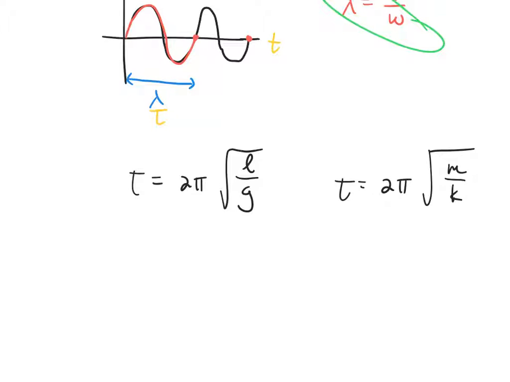Now, K is kind of also a property of the apparatus, but it's the spring, not the mass. So K is the strength of the spring. A stronger spring means it's going to pull back faster. So a stronger spring means a higher K value. If you increase this, it's going to cause this to decrease because these are indirectly related. Tau and M are directly related.